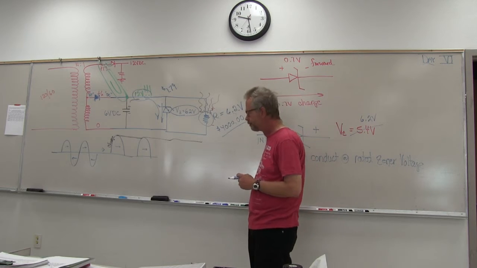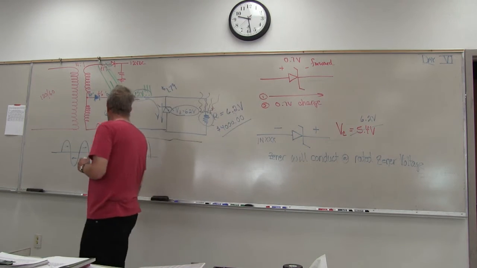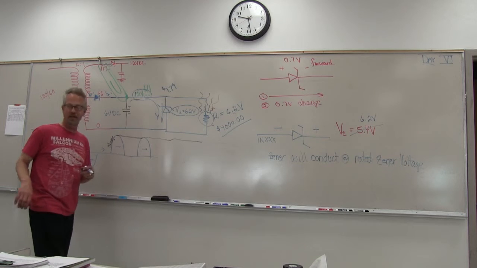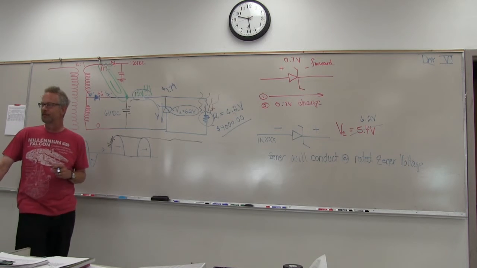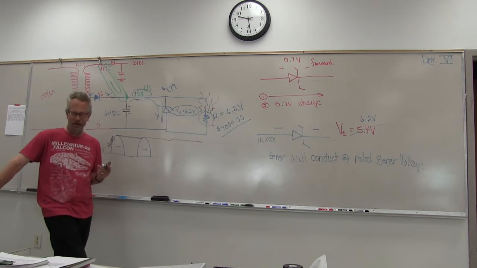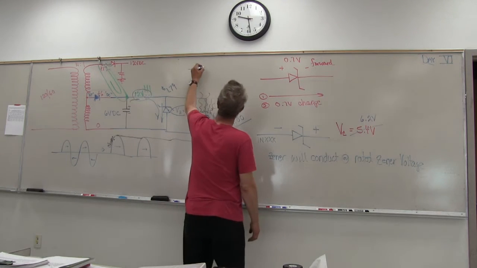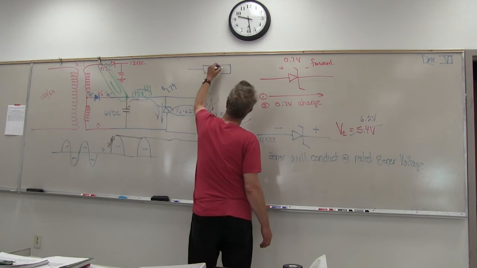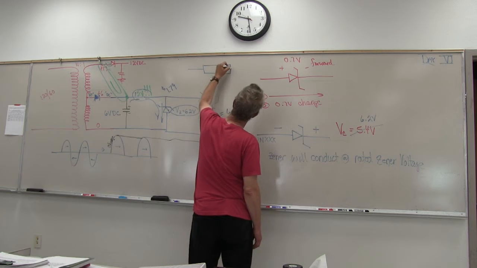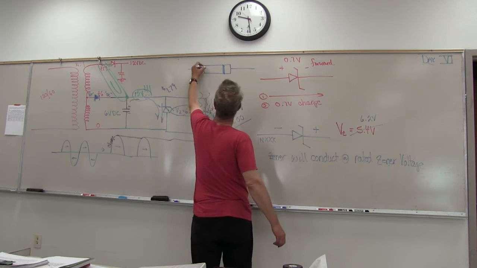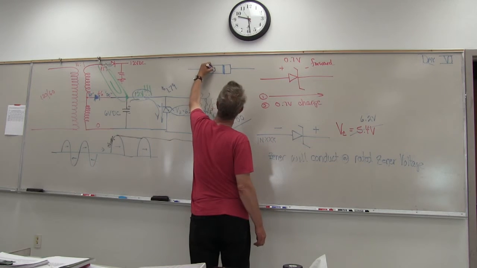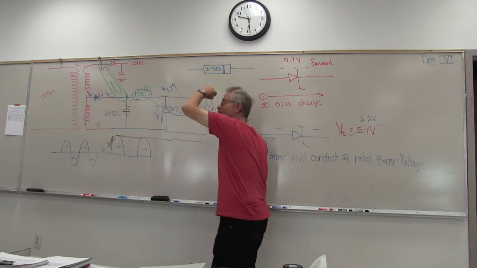Okay? You can't tell the difference from a Zener diode by looking at it. They all look the same. A Zener diode and a regular diode, they both look like this. But it will have a number on it, 1N7353 or whatever the number is.